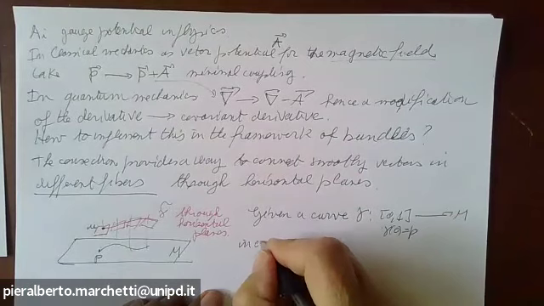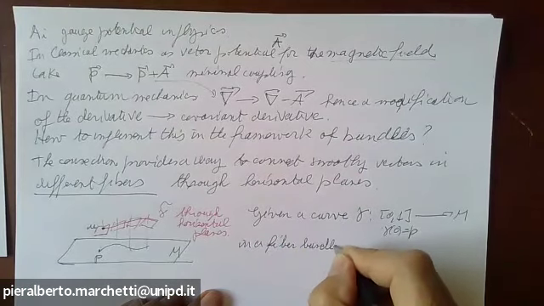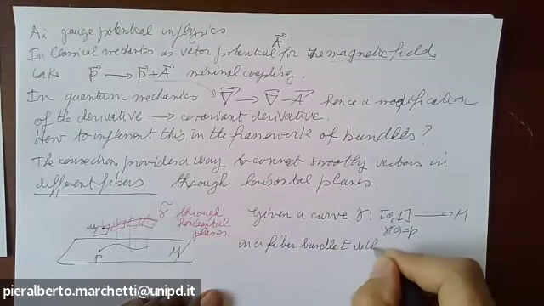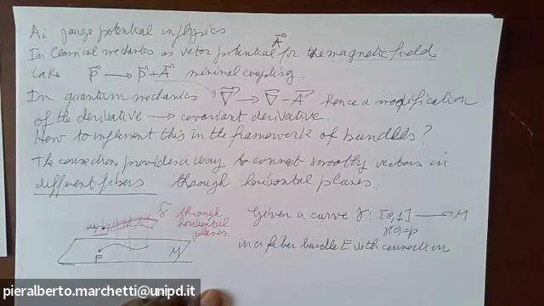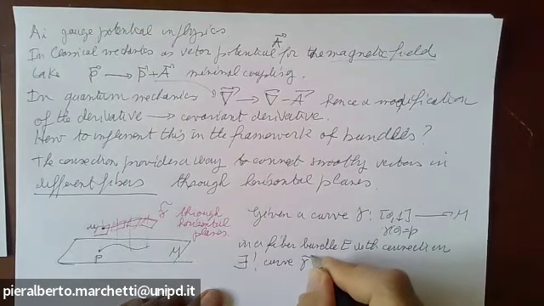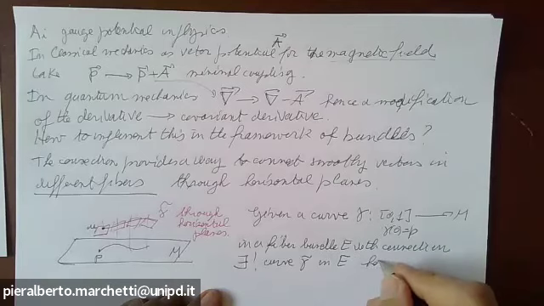If you're in a fiber bundle E with connection, you can prove there exists a unique curve gamma tilde in the total space E, which is horizontal.